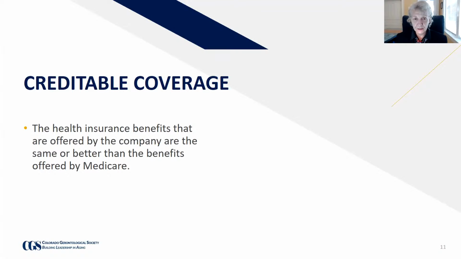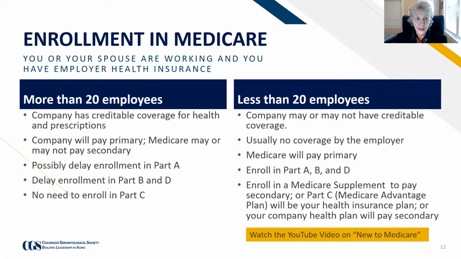So if you are still employed and you are looking to keep your employer plan, the very first thing to do is visit the HR department and make sure that your coverage is as good or better than what Medicare offers. After you've made that determination, the next thing you want to look at is whether or not you should stay with your company plan, and that is based on the size of your company. So let's take a look.